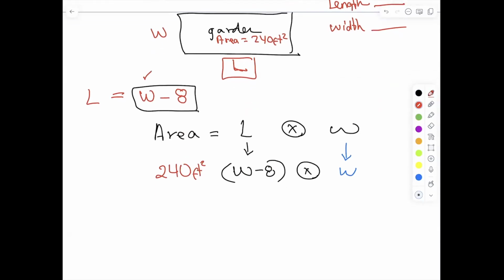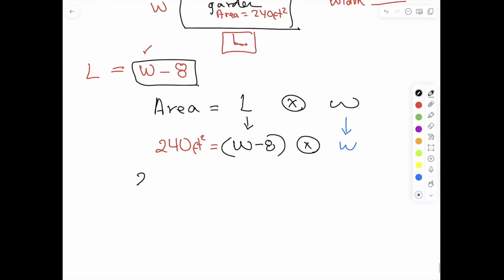But in order to not complicate things, you're going to drop the square feet. So here, we're going to say 240 is equal to W minus 8, times W.